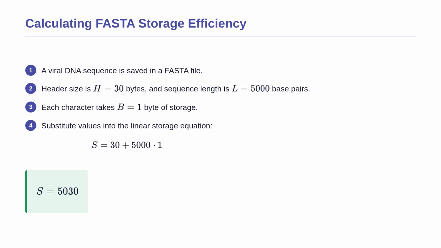Assuming each character takes exactly 1 byte of storage, B is 1. We substitute these values into our equation, multiplying 5,000 by 1 and adding 30. The final calculated value is 5,030 bytes. This tiny metadata overhead makes FASTA highly efficient for storing millions of sequences.